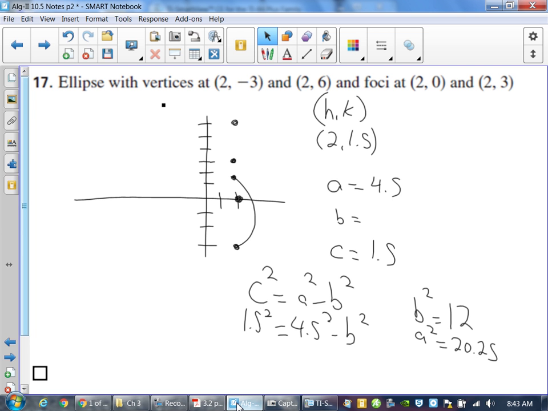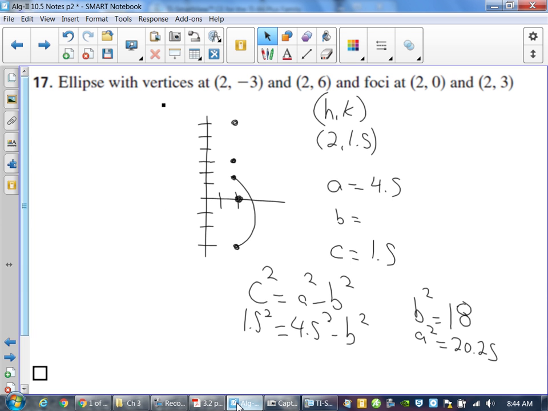B squared is 18. Yes, sir. You asked us if it was 12 or 18. We told you 18. You still wrote 12. Oh, yeah. Sorry. Catching mistakes one at a time.